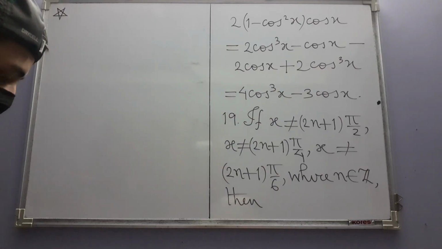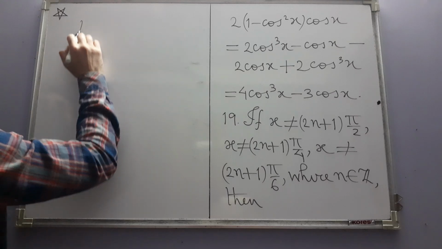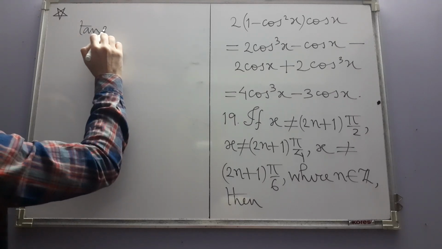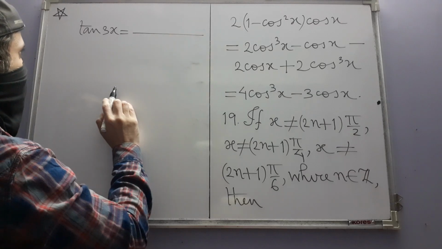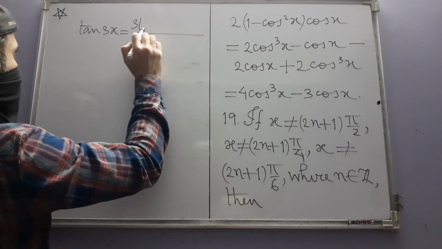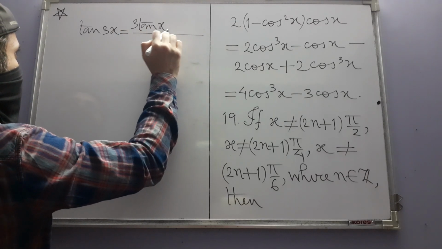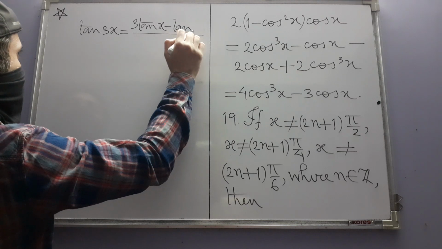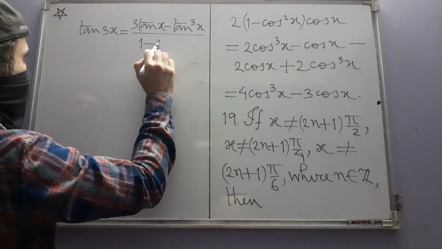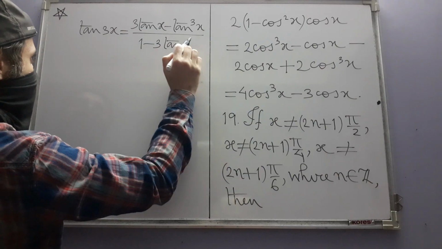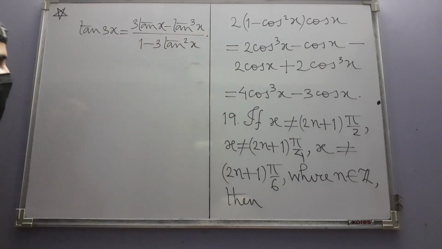Then tan 3x is equal to 3 tan x minus tan cube x divided by 1 minus 3 tan square x.